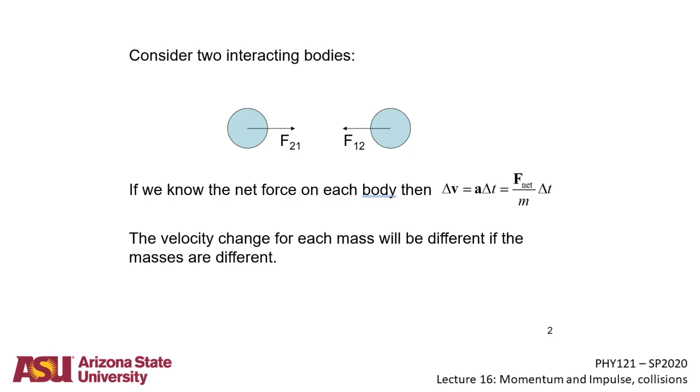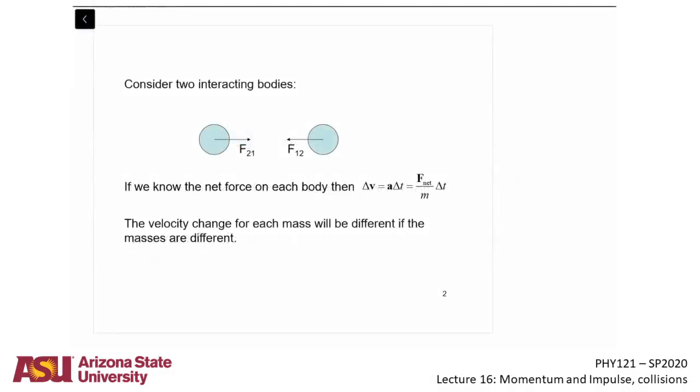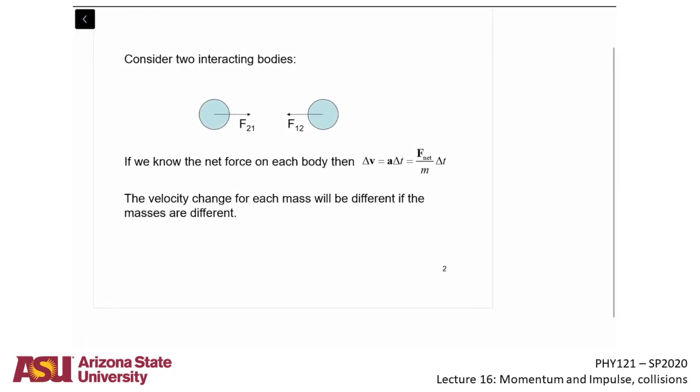So in this case, we know the net force on each body, and we can derive this change in velocity for each body. And this will be different if the masses are different. Let's work through that a little bit. So we have this mass here, F2 on 1, and this is F1 on 2. So this is mass 1, and this is mass 2.